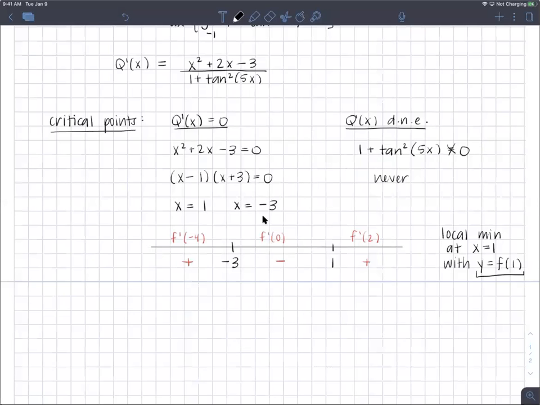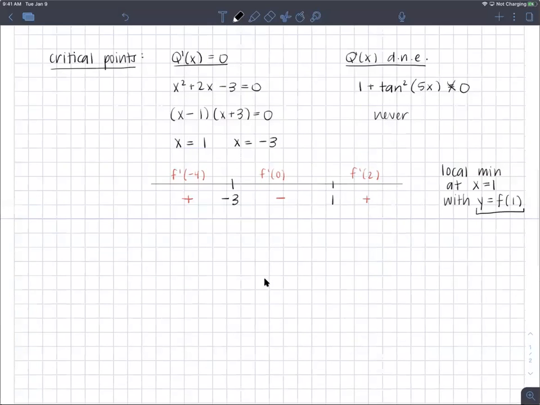All right, so the second part of the fundamental theorem of calculus. Fundamental theorem of calculus, part 2. This is the big part. This is the fundamental part of calculus.